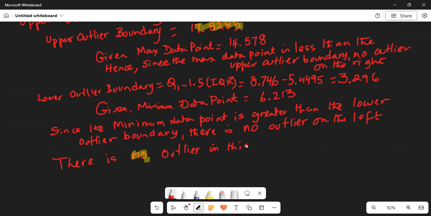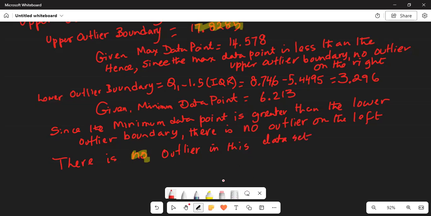Just to remind you, the maximum data point is lower than the upper outlier boundary, and the minimum data point is above the lower outlier boundary. Hence, no outlier in this data set.